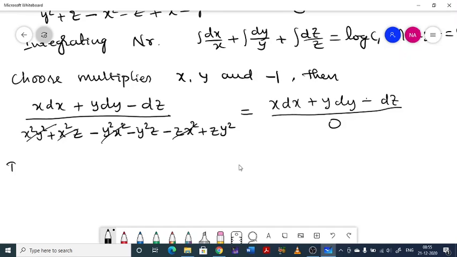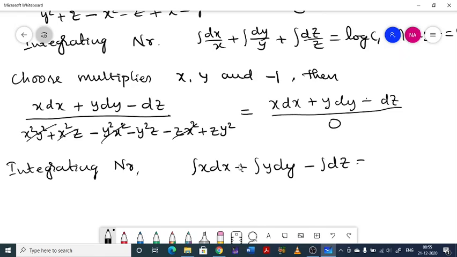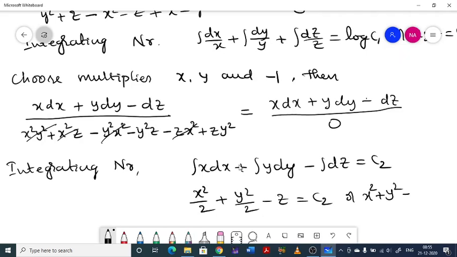So integrating numerator, we get integral x dx plus integral y dy minus integral dz equal to c2. So x square by 2 plus y square by 2 minus z equal to c2, or x square plus y square minus 2z equal to c2.